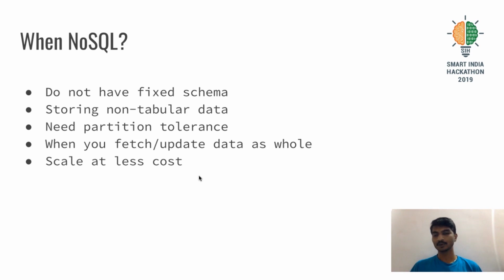And then when I don't store tabular formatted data. For example, I just want to store graph data, or some raw documents that I want to index and then use. Then it's better to go with NoSQL databases than other formats like RDBMS. And when I need partition tolerance, as in the CAP theorem, it's only available in NoSQL based databases.